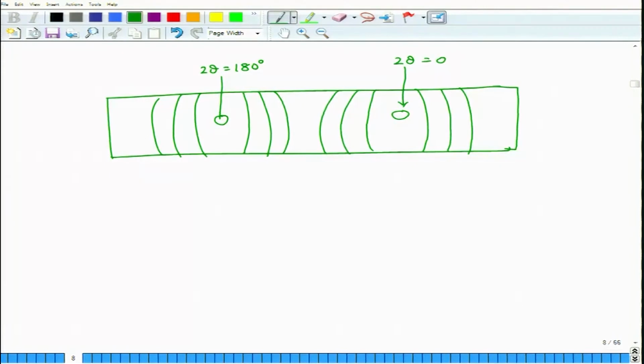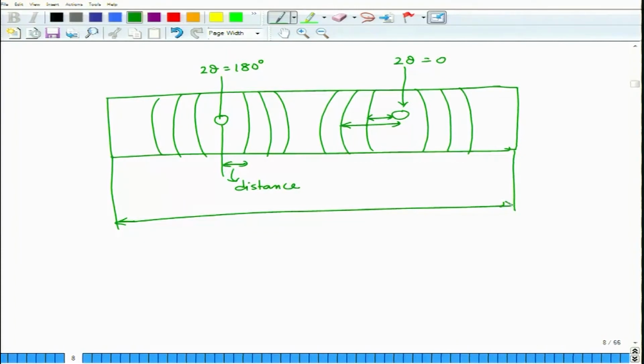So this is how diffraction takes place. Now, if you want to determine what this distance corresponds to in angles, you need to know the distance between these two, and you need to know the film length. If you know these things, then you can carry out the calculation of angles.